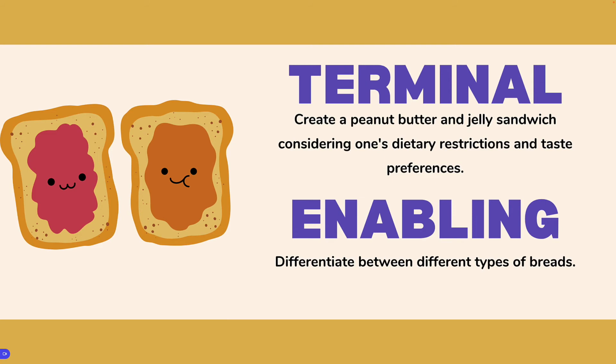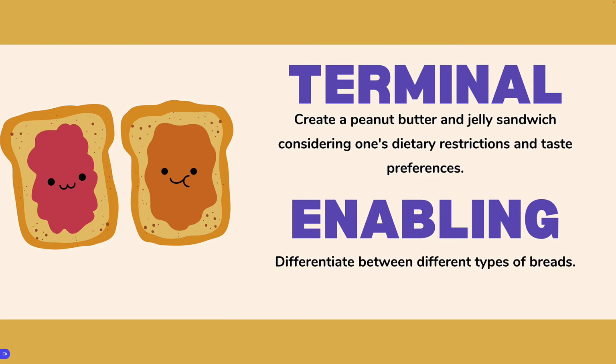So we'll say it's not good enough to understand about a peanut butter and jelly sandwich, but we're giving some kind of an overall goal that we want to make sure that we can make some form of a peanut butter and jelly sandwich in line with someone's maybe dietary restrictions and taste preferences, thinking, maybe they can't use peanut butter, maybe they can use another nut butter, or maybe there's an alternative there.